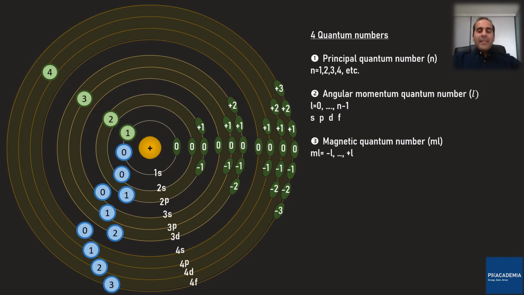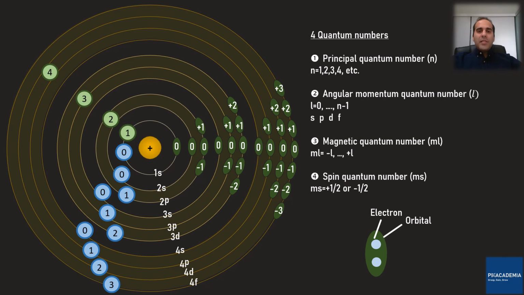The fourth and last quantum number is called the spin quantum number. It is shown by ms. Ms is either positive half or negative half. It demonstrates the direction of the electron spin.